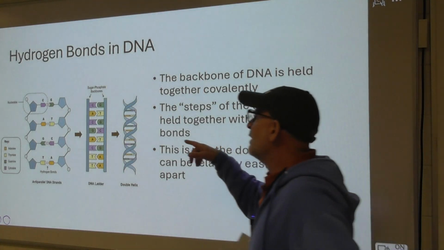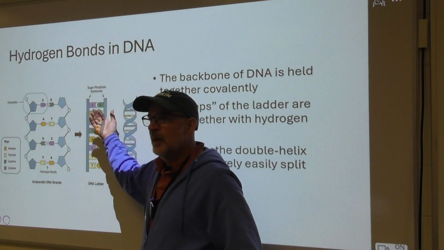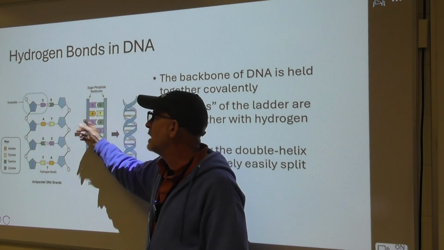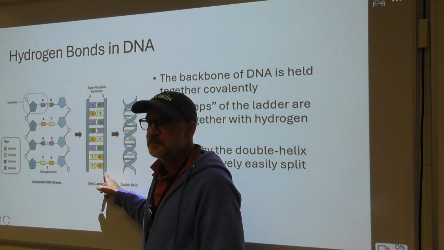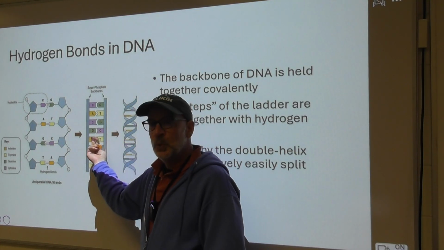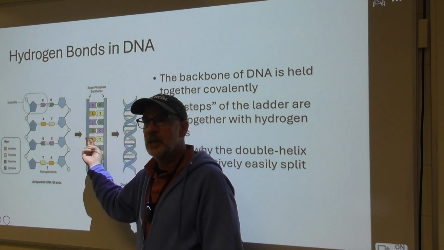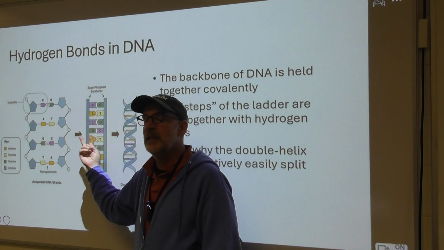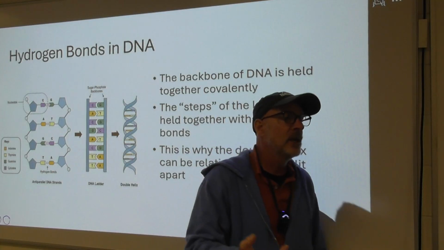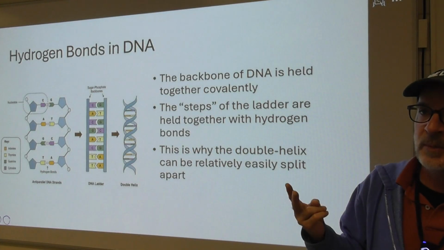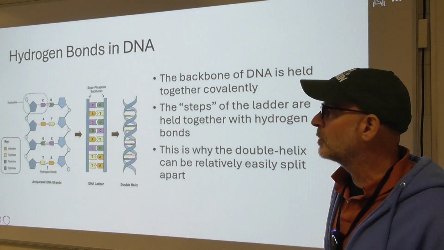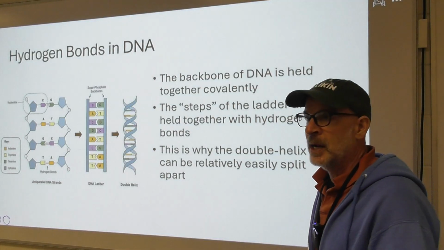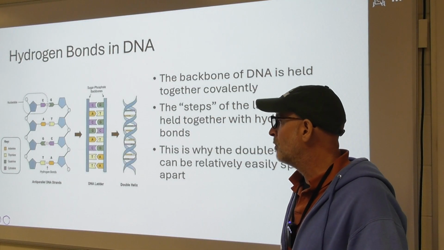And so what that ends up meaning from a functional standpoint is that individual strands of DNA are hard to break apart, but 2 strands of DNA coupled in a double helix are relatively easy to separate, which is handy because you need to separate the double helix when you're replicating DNA or when you are creating mRNA strands that are going to be used to encode proteins.